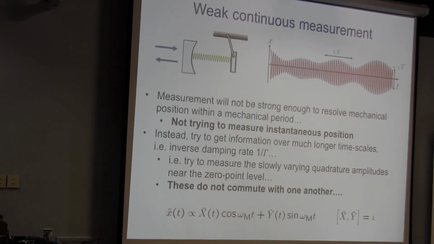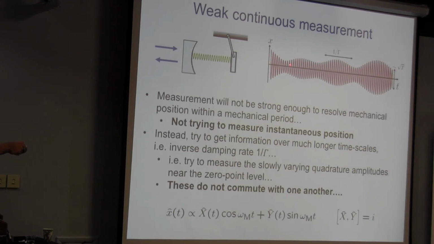Okay, so just to again recap, we're interested in weak continuous measurements, just to really be concrete about that. Our mechanical resonator, of course, is not just sitting in place. It's also moving, so we can think about just the thermal Brownian motion of our mechanical resonator. Maybe it looks something like this. So we have a variance of these position fluctuations that is really set by the temperature of the mechanical resonator.